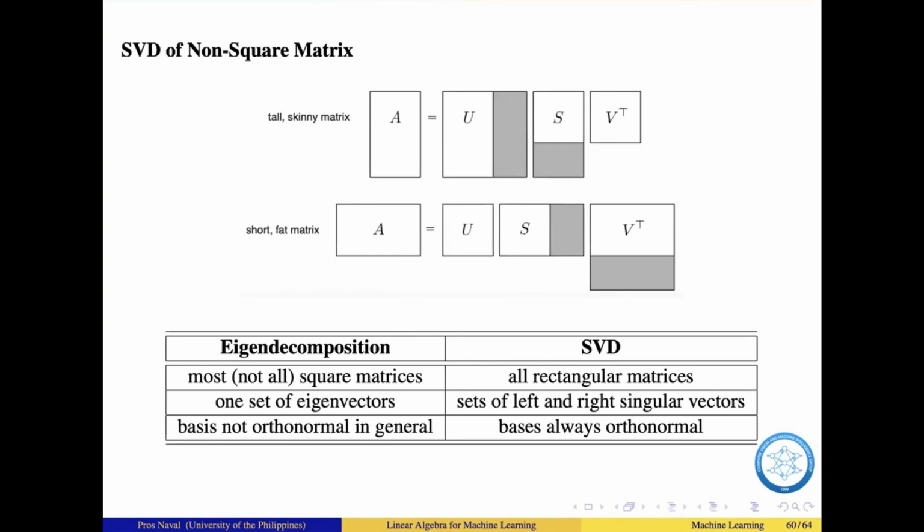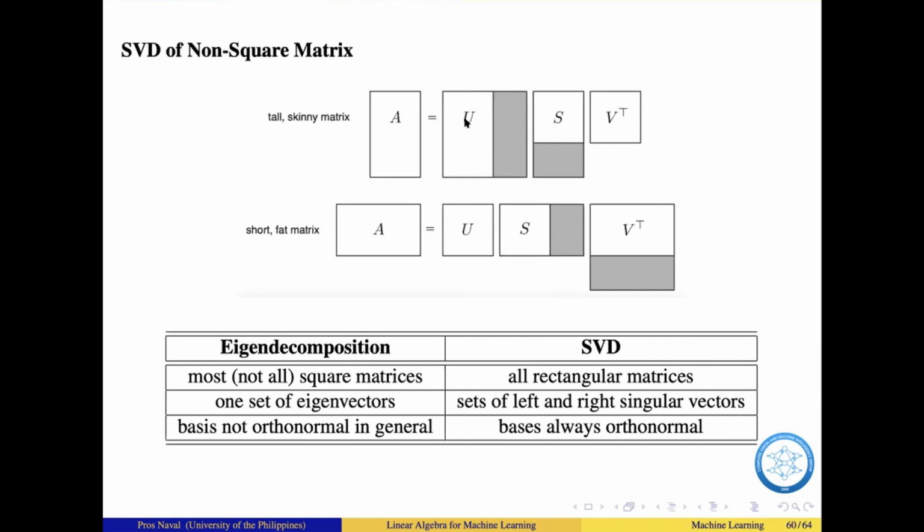Okay, similarly for the tall or skinny matrix, the singular value decomposition will produce a sigma matrix that will have zeros in the lower row shown here in gray. But the one that is affected is not this, but the U matrix.